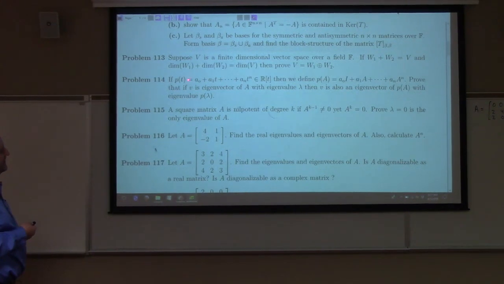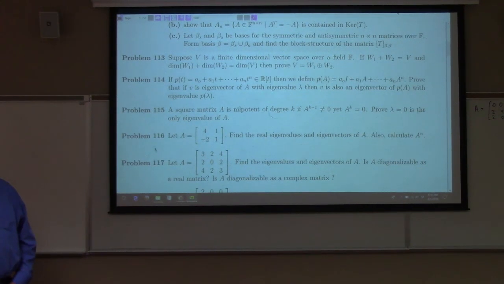Here I'm introducing you to an idea, which is that we can take a polynomial and we can plug in the matrix and get a corresponding matrix. All right? We can also do the same thing with a linear transformation, because if you think about a linear transformation from V to V, an endomorphism, you can compose it with itself. Like if T goes from V to V, then T squared goes from V to V to V again. So the square, the cube, and so forth.